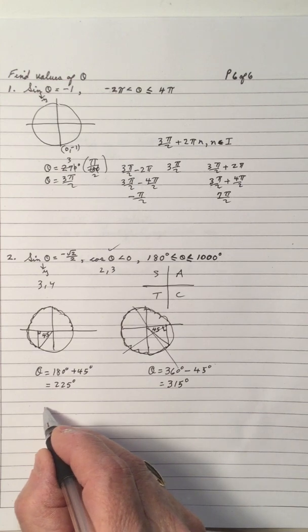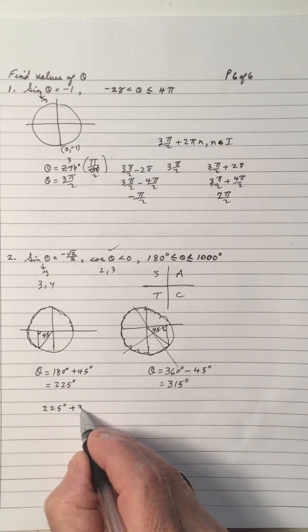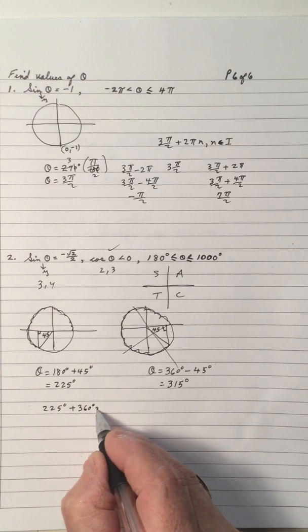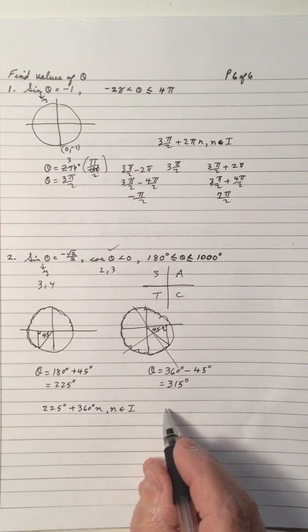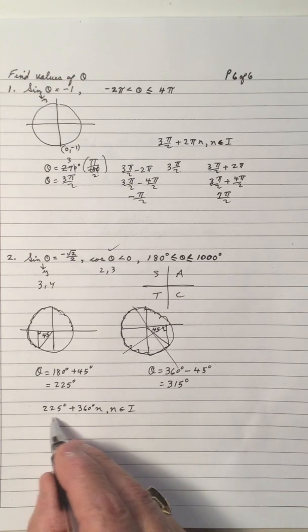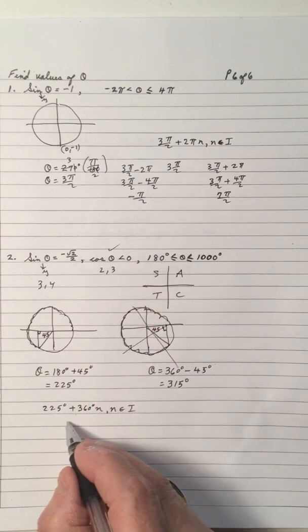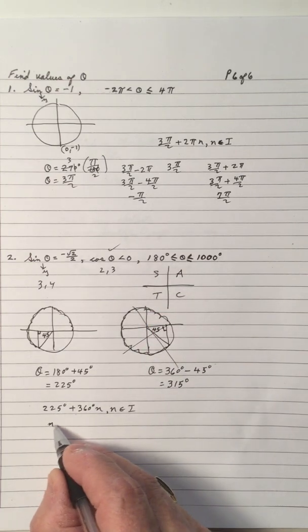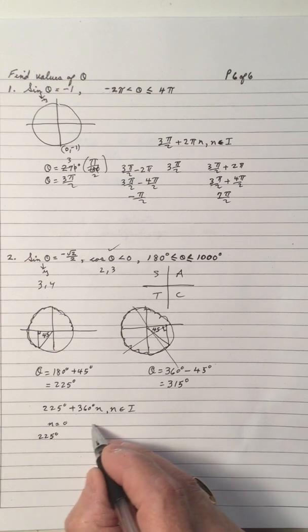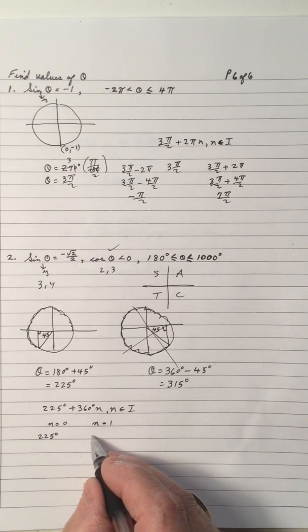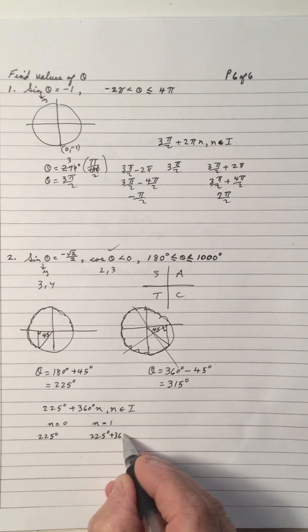So 225 degrees, add on 360 n, where n belongs to the integers. That's all of them. But if we do 0, we can't go negative. So if we put 0 in, when n is 0, we'll get 225. When n is 1, we'll get 225 add on 360.